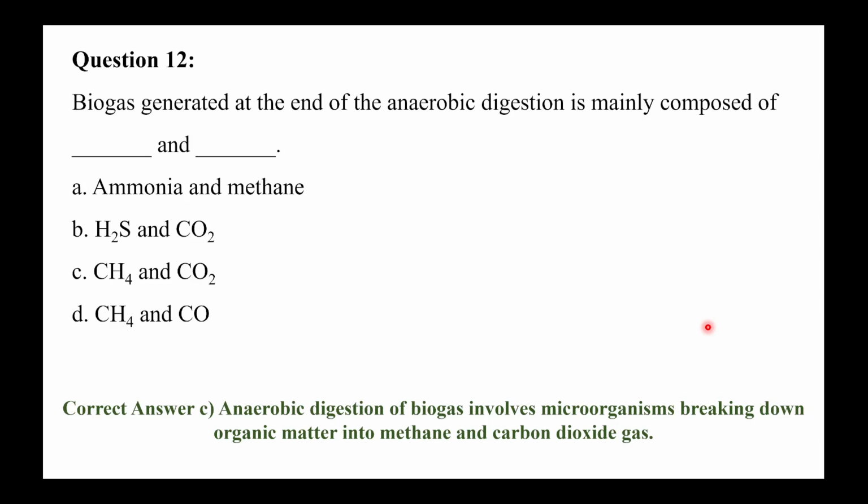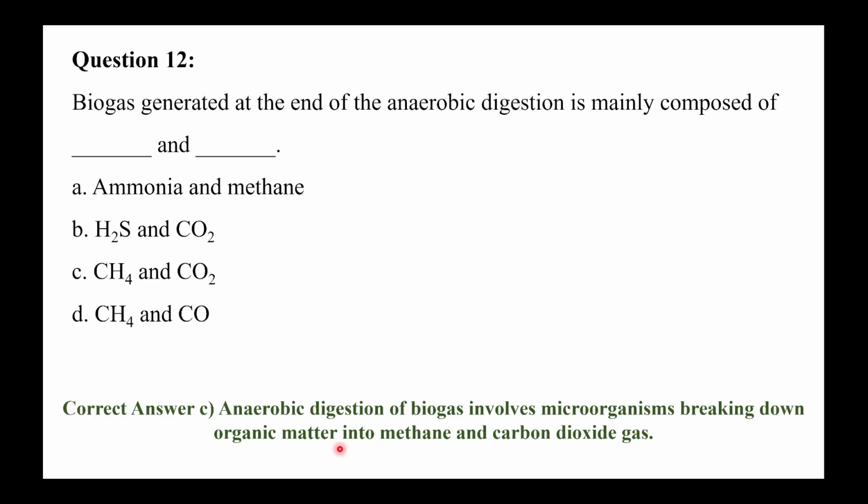So their gut has these methanogen bacteria, and these methanogens perform the anaerobic digestion of food that can lead to biogas formation. Biogas is basically the methane and carbon dioxide that is produced.